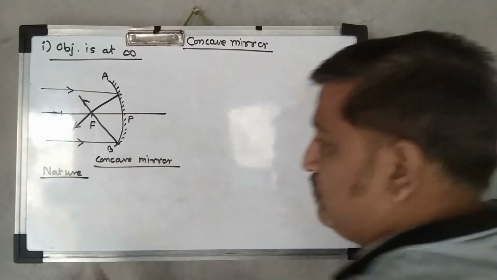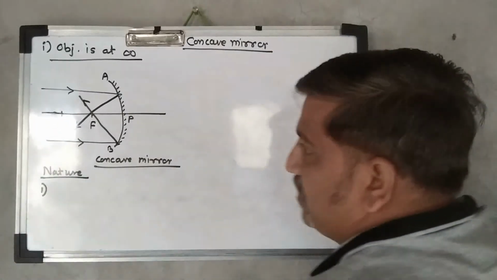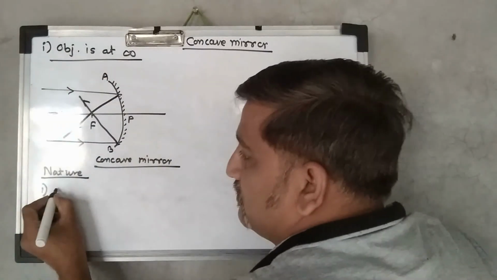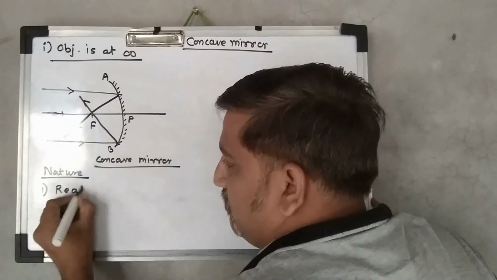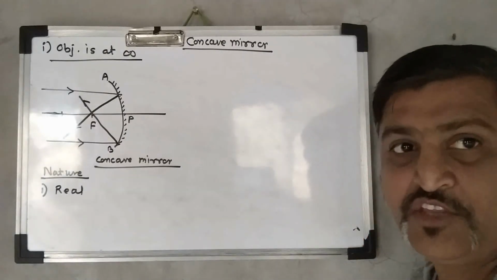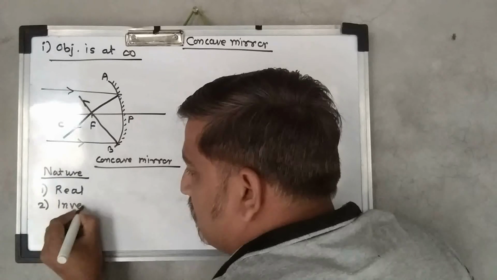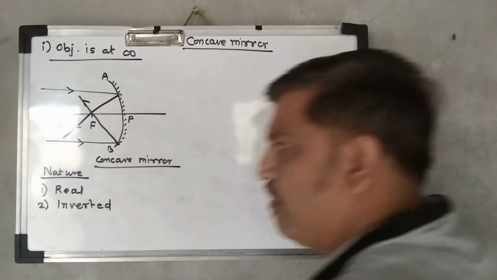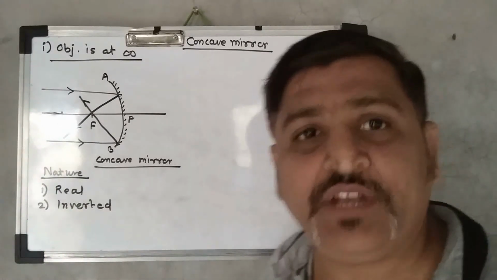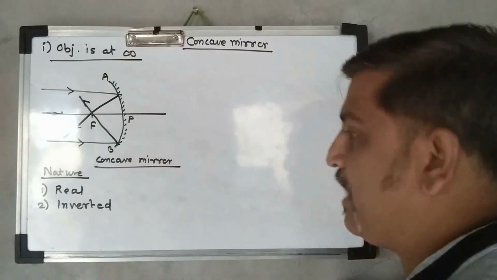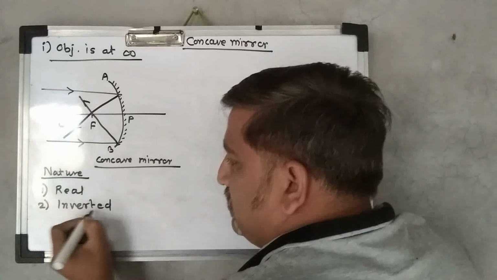So what is the nature? I told you that if the rays are actually meeting, then the nature of the image is real. Second, it is inverted. Always, if actually meeting, then it will be real and inverted.